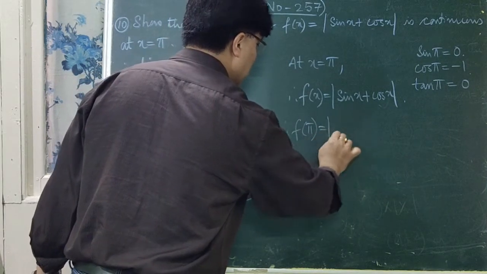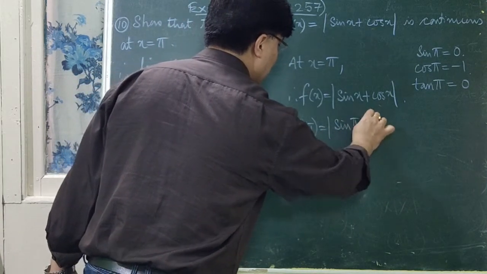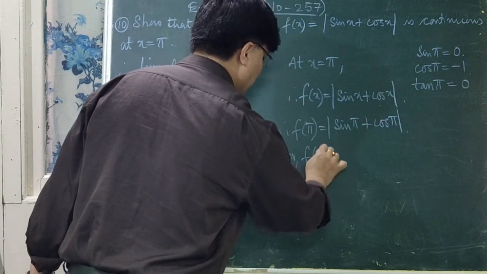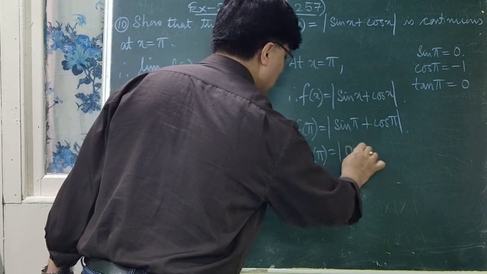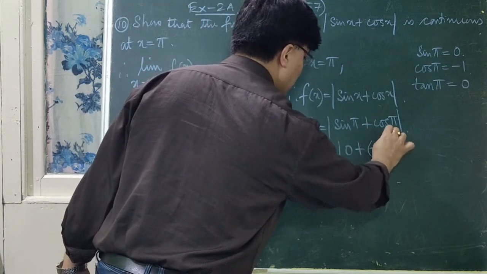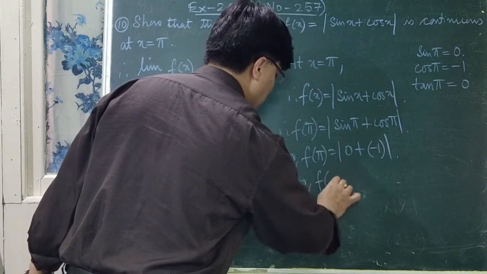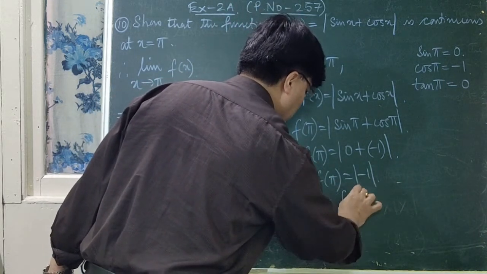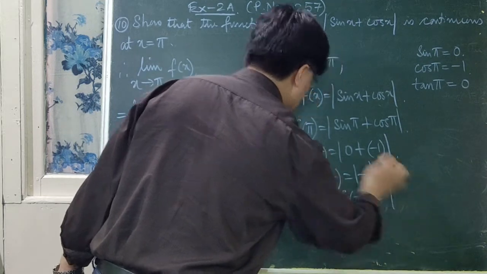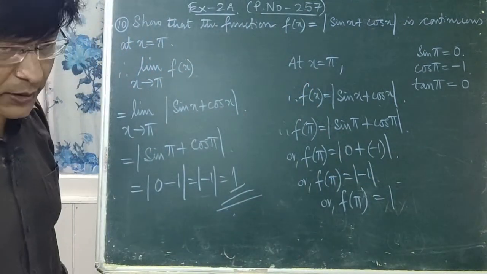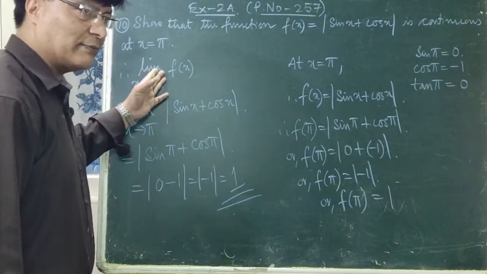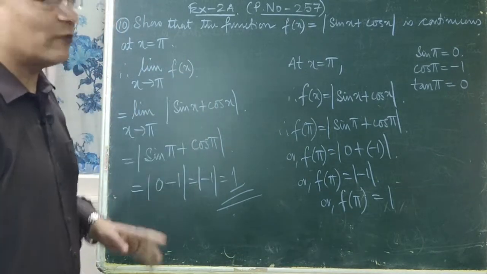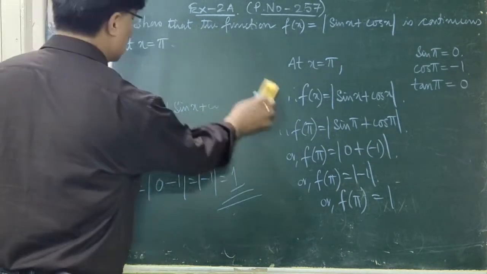F of pi is equal to mod of sin pi plus cos pi, or f of pi is equal to mod of 0 plus minus 1, or f of pi is equal to mod of minus 1, or f of pi is equal to plus 1. So both these are equal, that is right hand limit and left hand limit are included here, and this is equal to f of pi. That means the given function f of x is continuous at x is equal to pi.